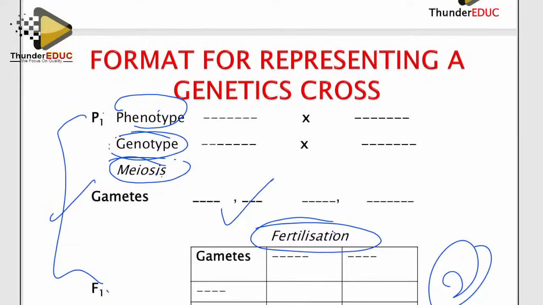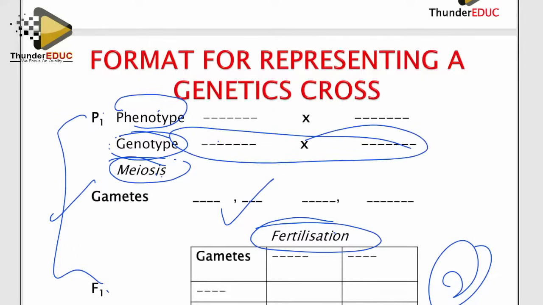So you say Karabo anemic, Joseph normal, crossed. You understand. Then genotype, that's where the problem comes in. You need to find out whether it is homozygous or heterozygous. If it is homozygous, then is it homozygous dominant or is it homozygous recessive?